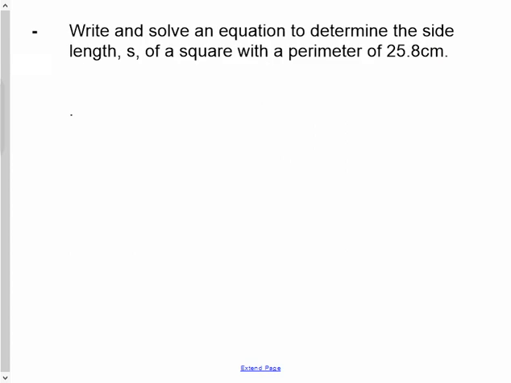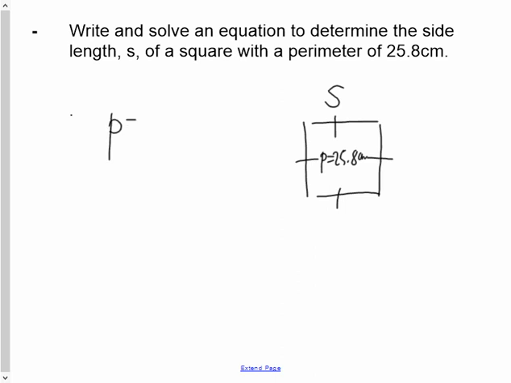Our next question says, write and solve an equation to determine the side length S of a square with a perimeter of 25.8. So perimeter equals 25.8 centimeters, and S is this. So we know that the formula for perimeter of a square is 4 multiplied by the side length. Okay? So if I was to write this out, the perimeter being 25.8 centimeters is equal to 4 multiplied by the side length.